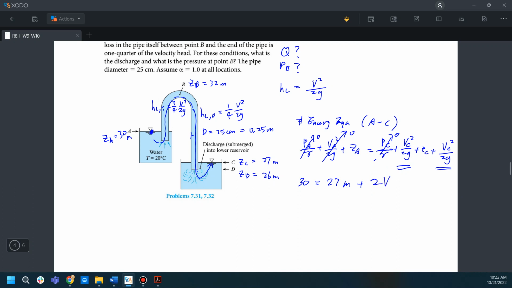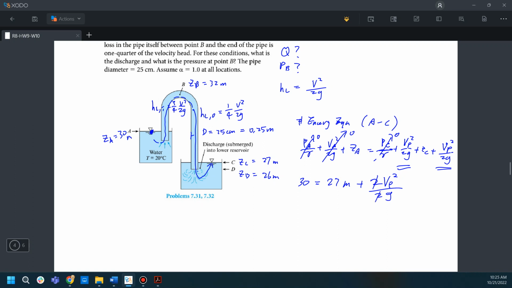Let's use VP, the velocity in the pipe, times VP squared over 2g.